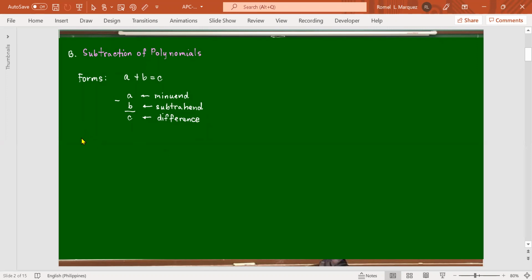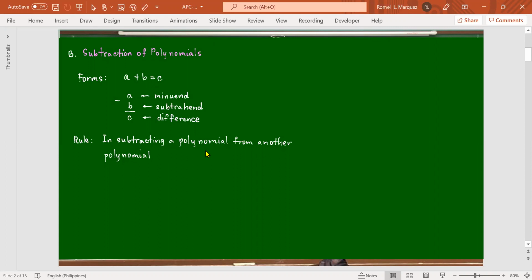So, now, as a rule, in subtracting a polynomial from another polynomial, which one is the minuend?